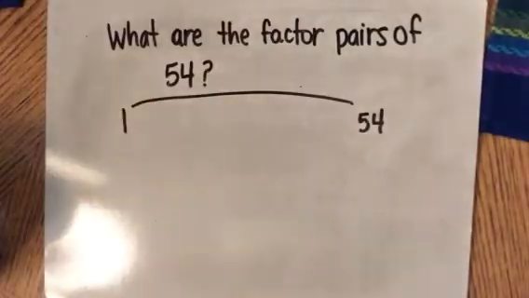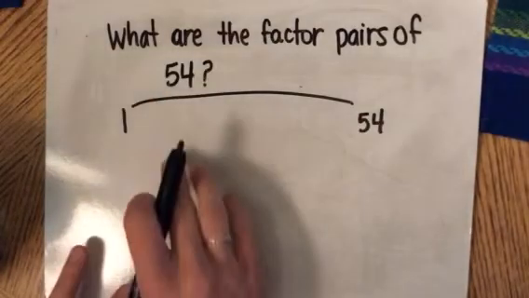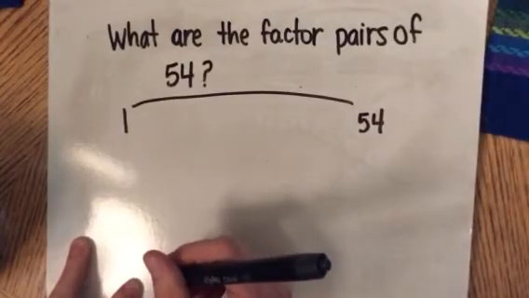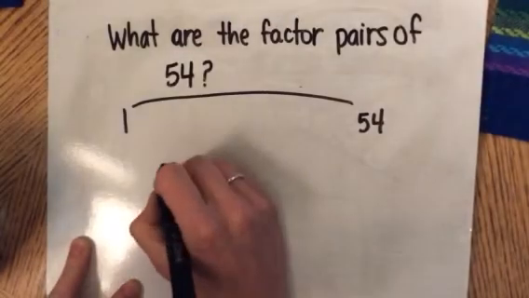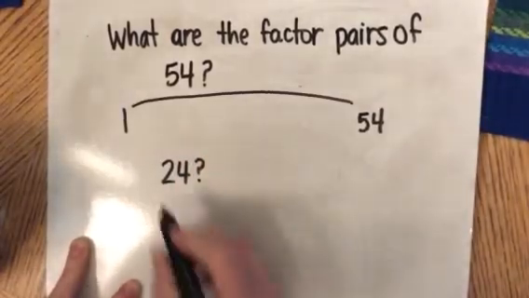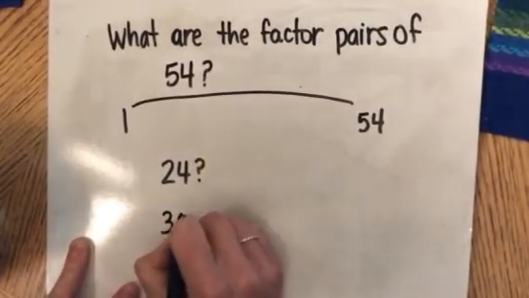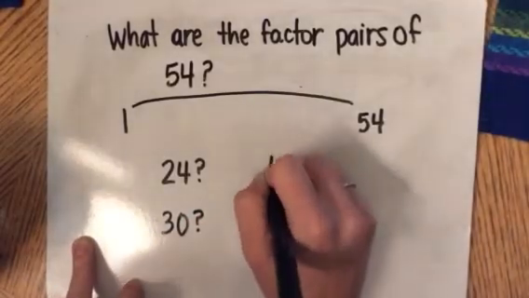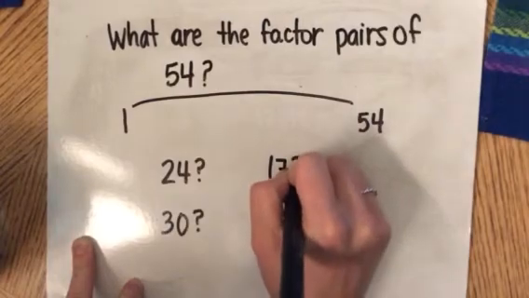If you're not ready for the number 54, you could try, what are the factor pairs of 24? Or what are the factor pairs of 30? Or what are the factor pairs of 17?